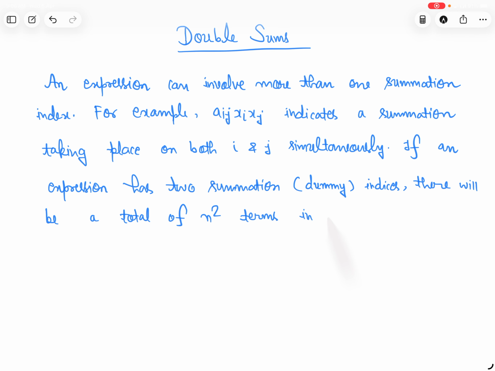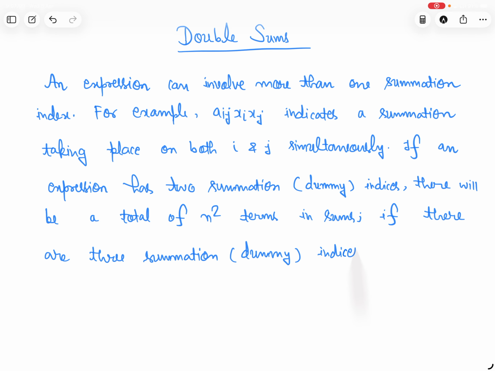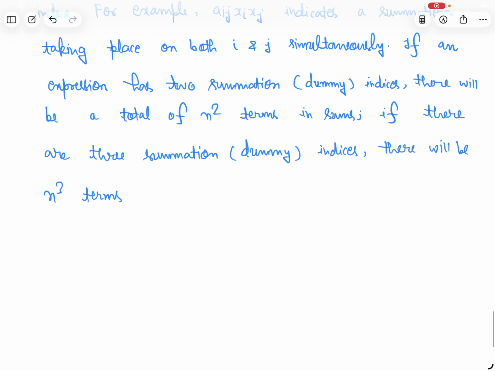In sum, if there are three summation or dummy indices, there will be n³ terms, n cube terms. Okay, and so on.